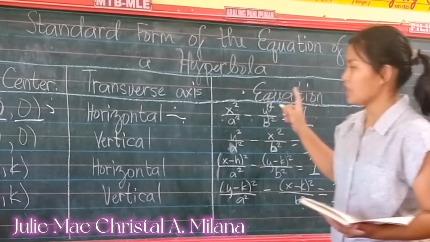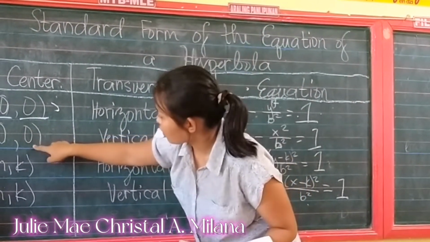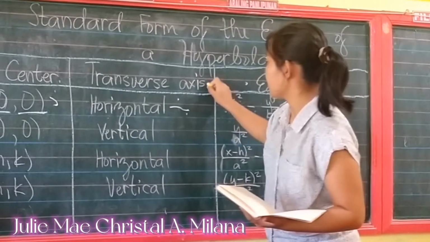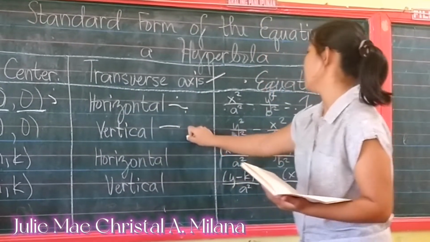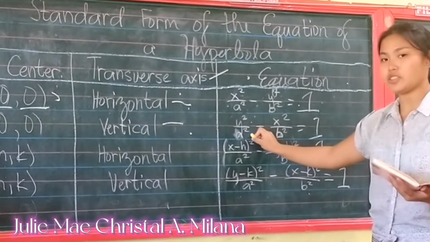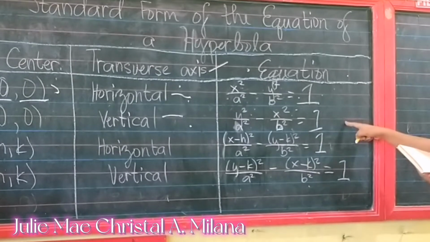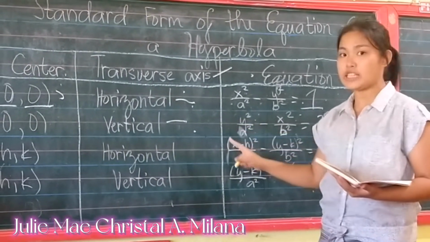Then, for the center at 0 and 0 with a vertical transverse axis, the equation is y squared over a squared minus x squared over b squared equals 1. So, can you see the difference?